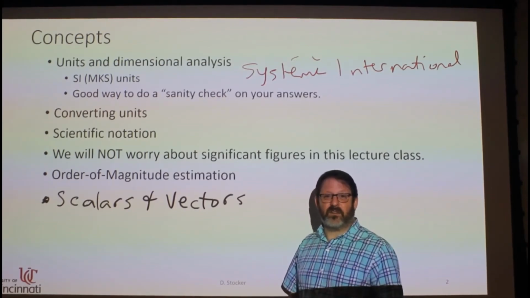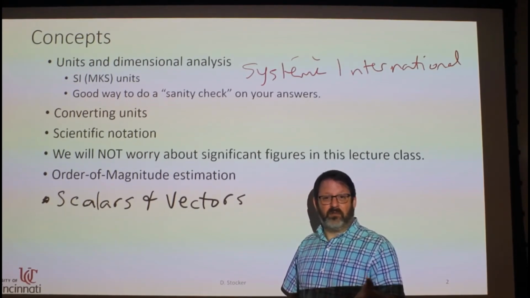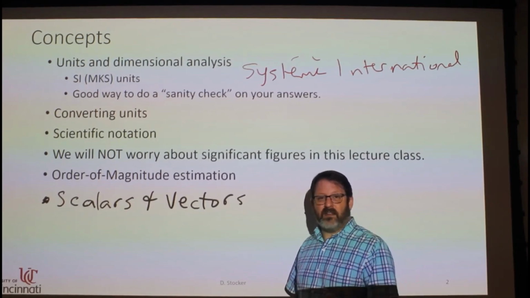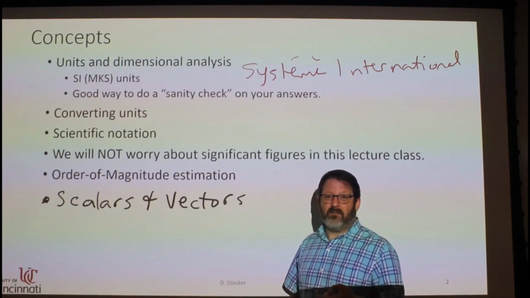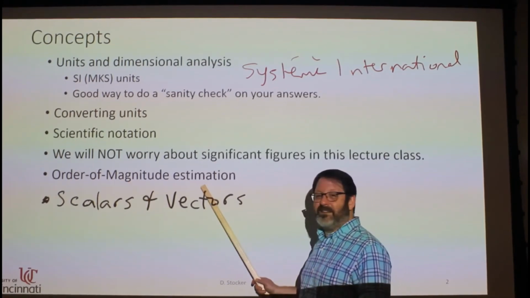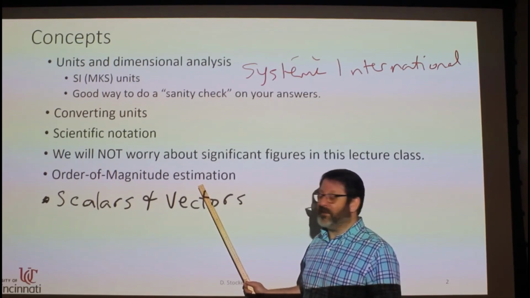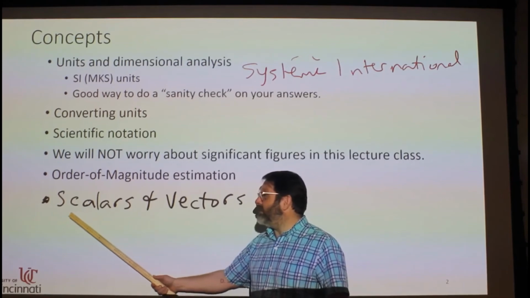And if the question was, I don't know, how old was this person when they died? And you come up with an answer of 58,000 years, you probably made a mistake. And a quick order of magnitude estimation will tell you that, yeah, that person probably didn't live for that long. So then you can go back and recheck your answers.